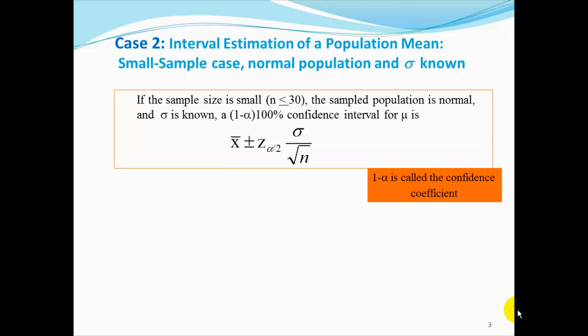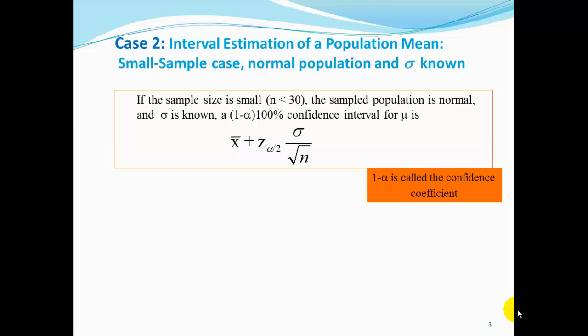However, for a small sample case, we do not have the central limit theorem to stand on. Therefore, in order for us to use this formula with a small sample case, we must know that the original population was normally distributed. So for case 2, we have a small sample case with a normal population and sigma known. And for this case, we use the same formula as on the previous slide.